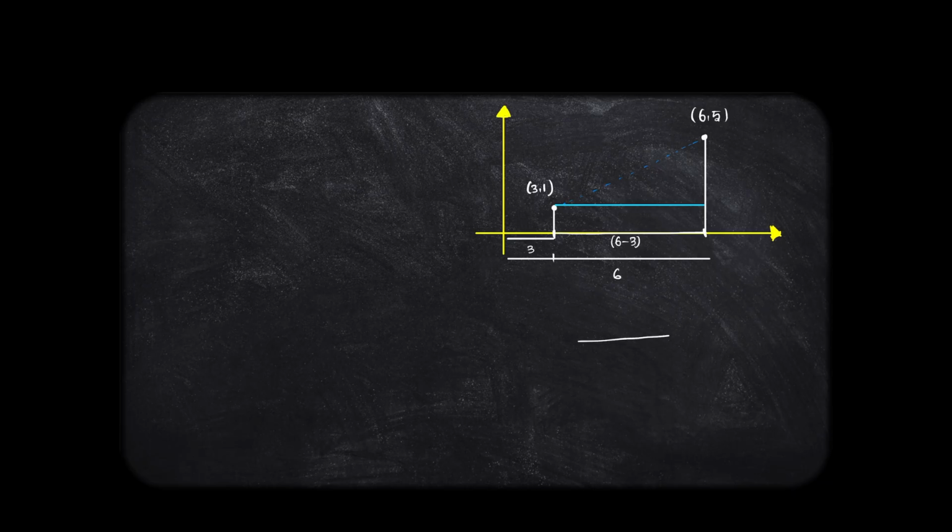Simple things. Suppose the whole line is 6 units and we just cut out 3 units. So how many remain? So this distance will be 6 minus 3. As simple as it is, right? So I'm saying that this distance is 6 minus 3.